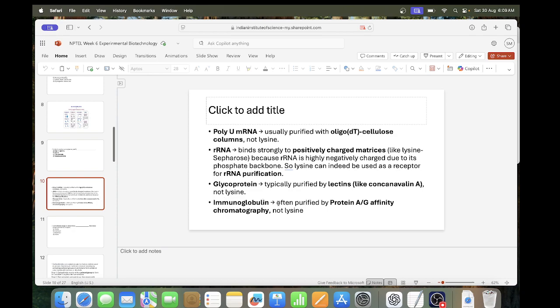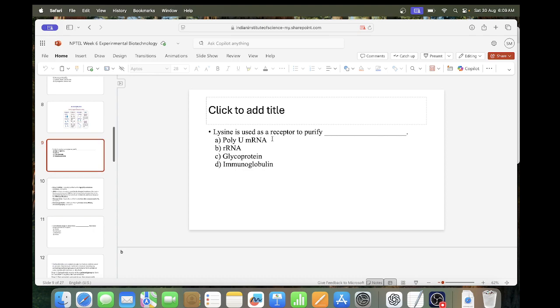And immunoglobulins are purified by proteins called protein A or protein G. Now, rRNA doesn't have any of these specific properties like poly-U, so we need to look at something that is globally present, which is the phosphate backbone, and that is negatively charged. So, using lysine sepharose or something like that, we can use this positively charged lysine with negatively charged RNA to bind it. That is how lysine is used as a receptor to purify rRNA.